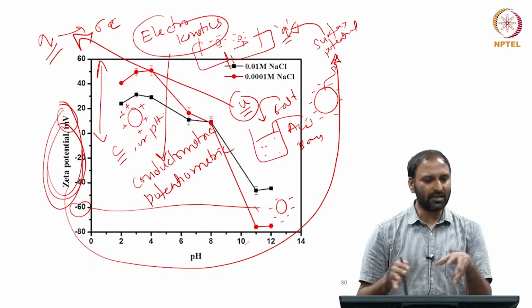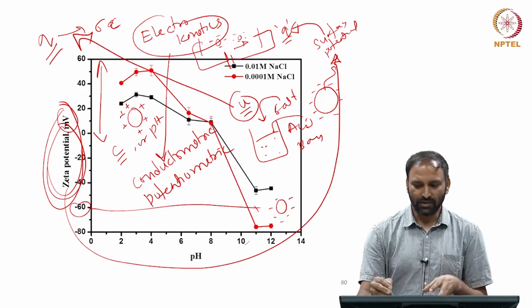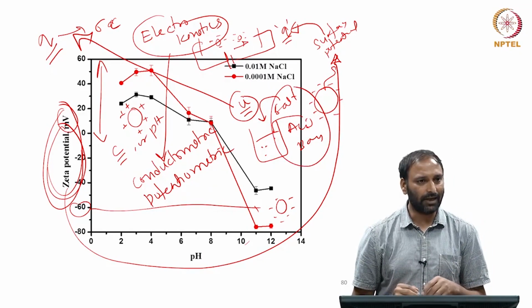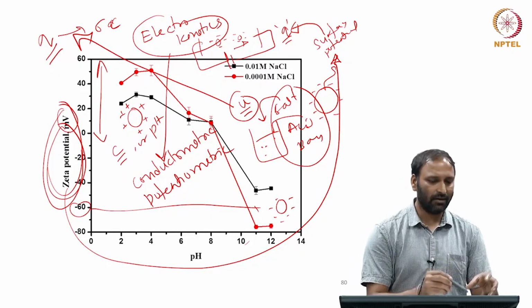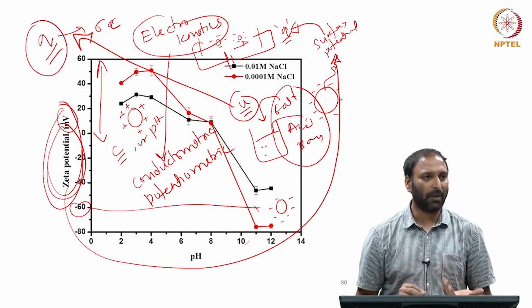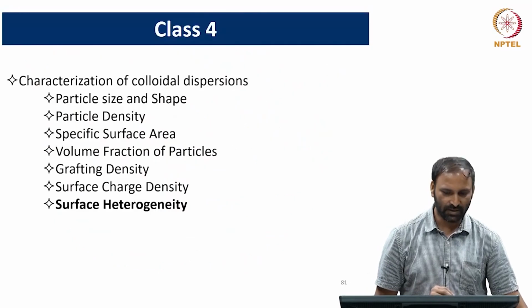The way this conductivity and pH change as the concentration of the electrolyte, acid or base changes, from that you can calculate the charge on the particle. And once you have that, I can calculate the surface charge density.